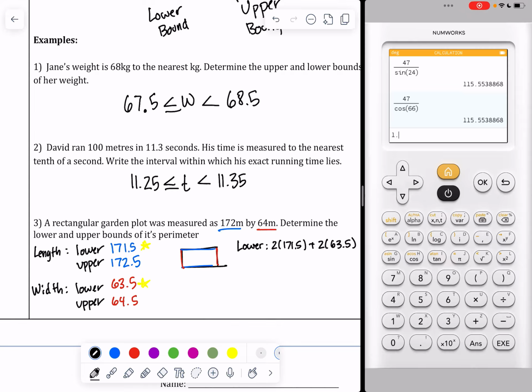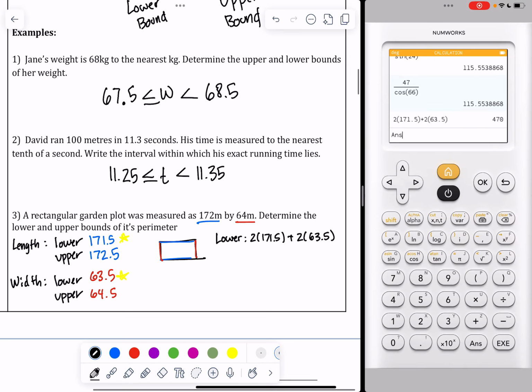And so if we do that here, 2 times 171.5 plus 2 times 63.5, that will give us 470. So that right there is the lowest our perimeter could possibly be.